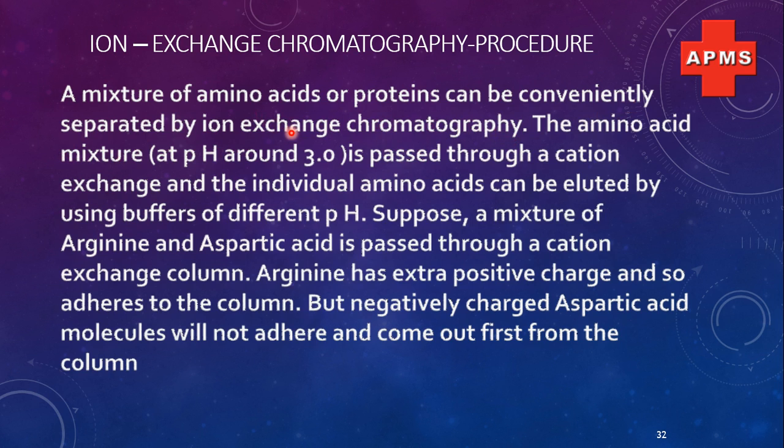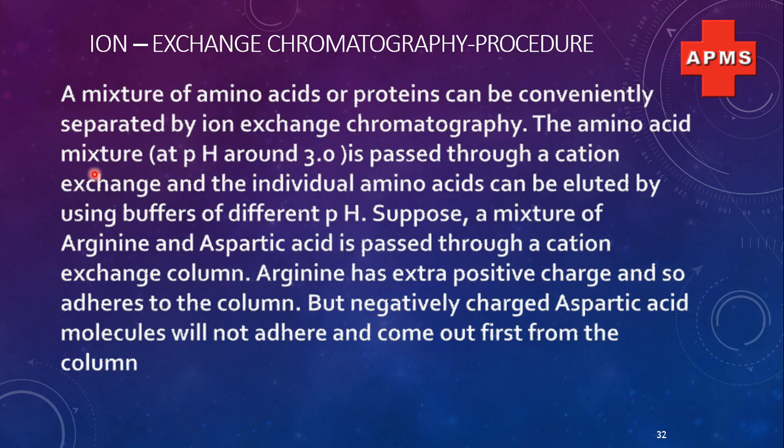This is a very good example for the separation of an amino acid mixture or protein mixture or these biomolecule mixtures, because these molecules at different pH values and in the presence of other moieties could show cationic or anionic behavior depending on the functional groups which are present on them. So these could be easily separated by using this ion exchange chromatography.